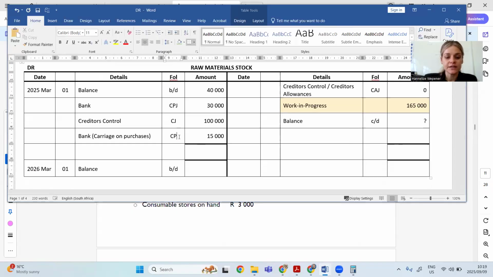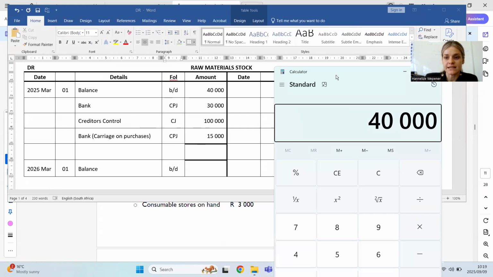Then the only thing that we are still missing, because remember, you only had the purchases listed in the activity. You only had the carriage listed in the activity. So if they don't say anything, it means that you didn't have anything. So that means whatever you have on the debit side now, that is complete. So 100,000 plus 15.